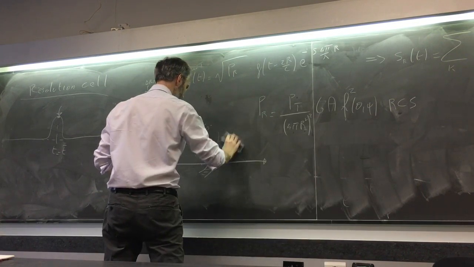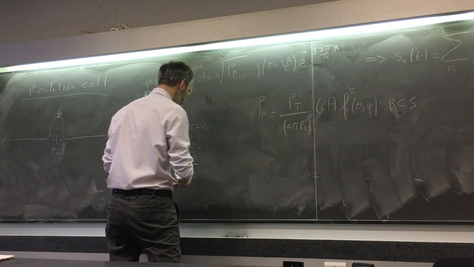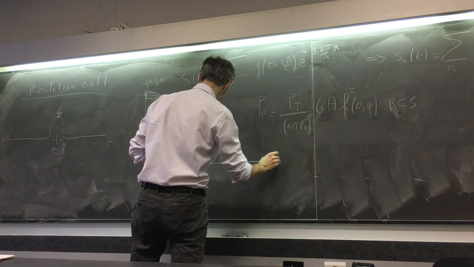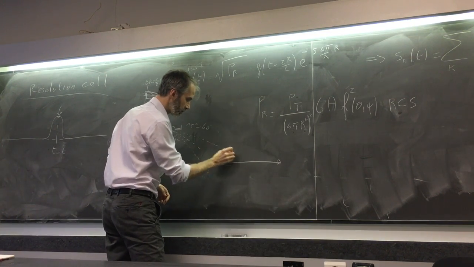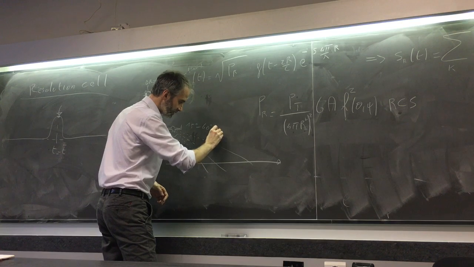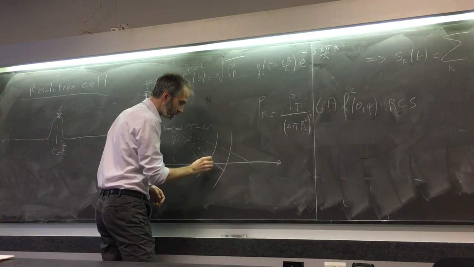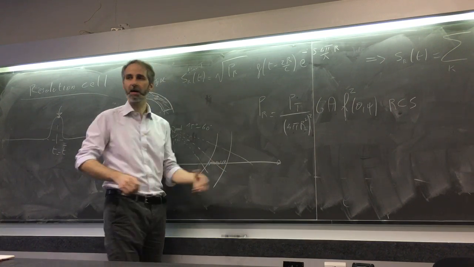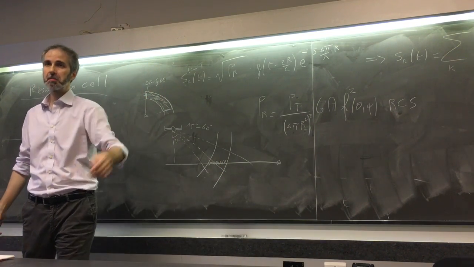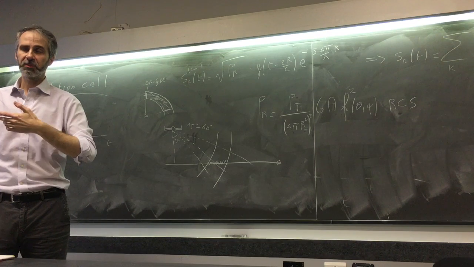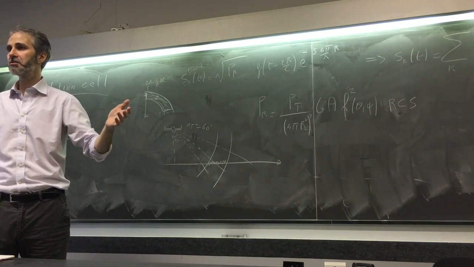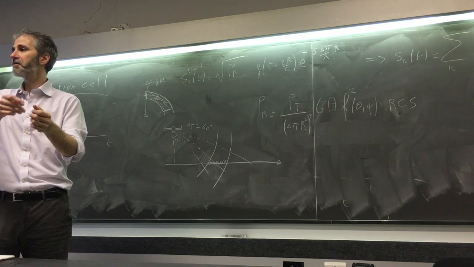Let's assume that in this case you are just looking at the terrain, and in your resolution cell you have many scatterers. You're looking at a gravel terrain, and so you have gravel stones.